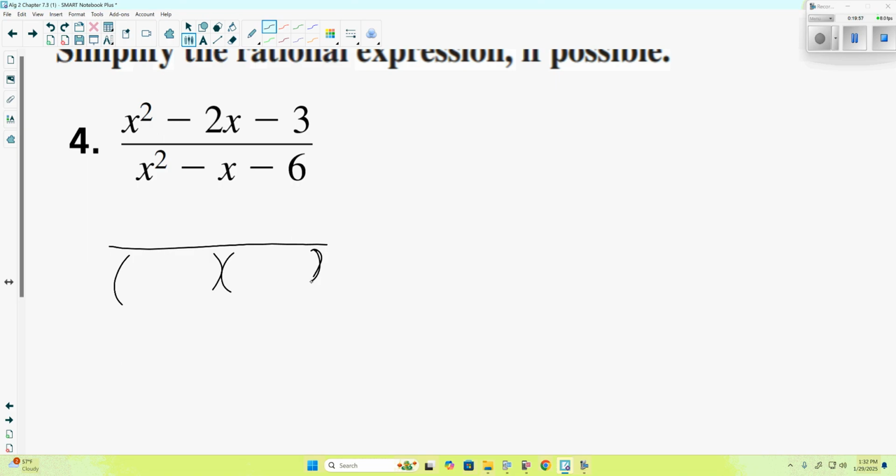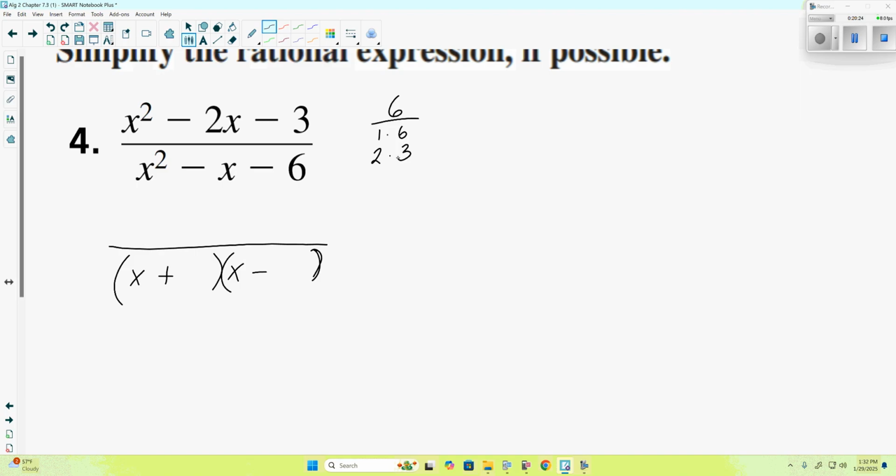As we already said, there is no greatest common factor between these three terms, so we'll move to our two sets of parentheses with three spaces. We will have x and x. Our signs are going to be plus and minus because the third term is negative. Factors of 6 are 1 and 6 or 2 and 3.